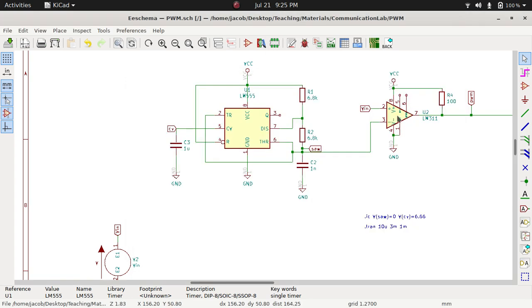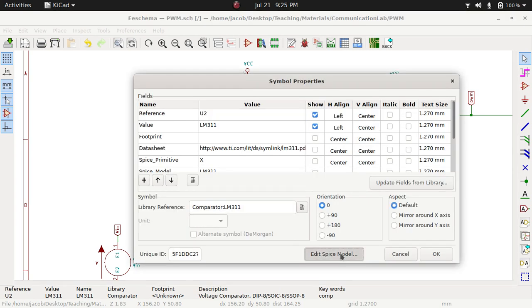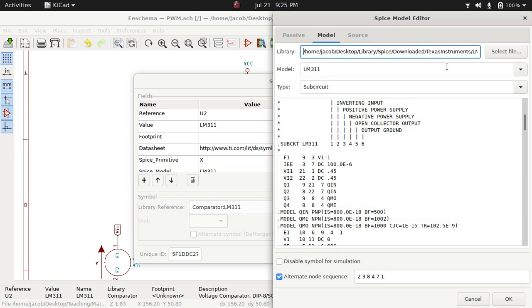And for the comparator, again I am using an LM311 library that is obtained from the internet. Same here, the only model available in that file is LM311, and it's a sub-circuit type.